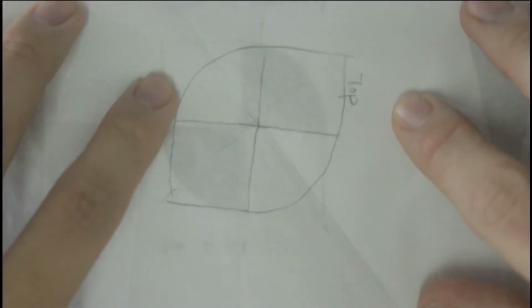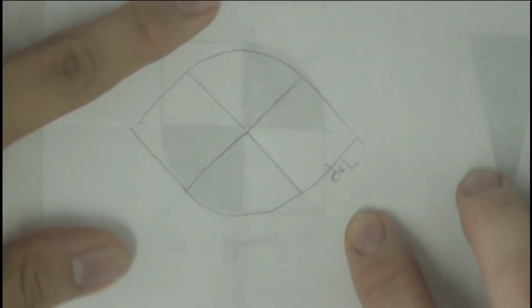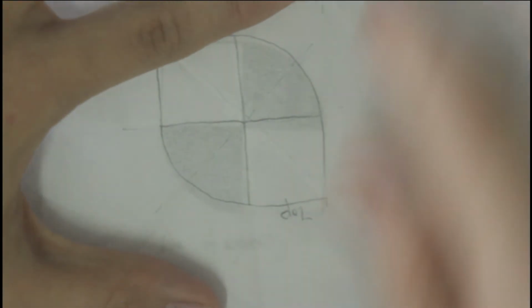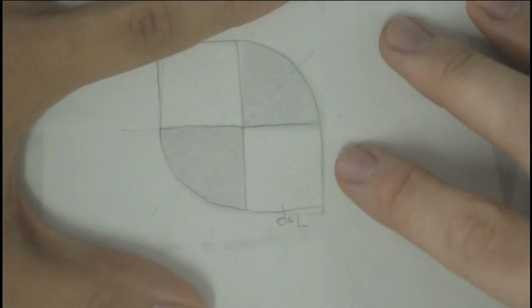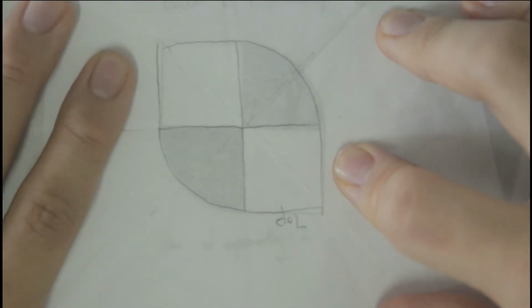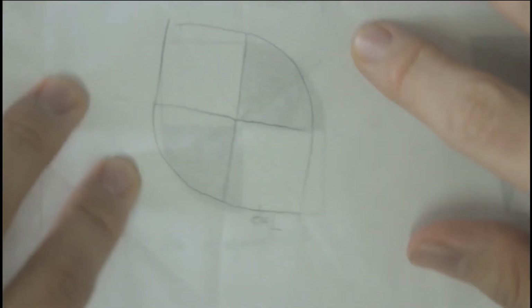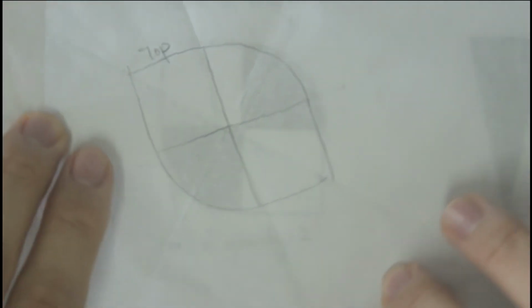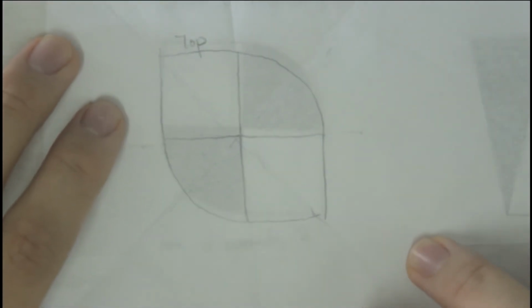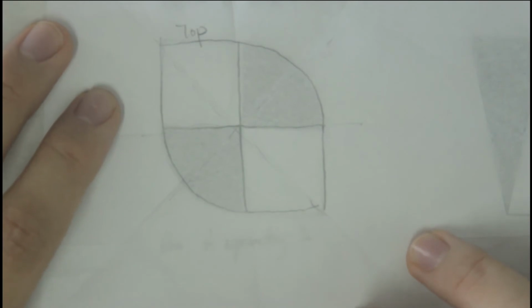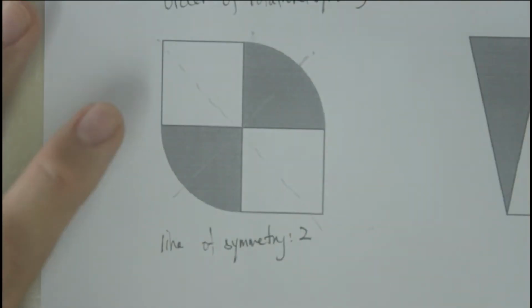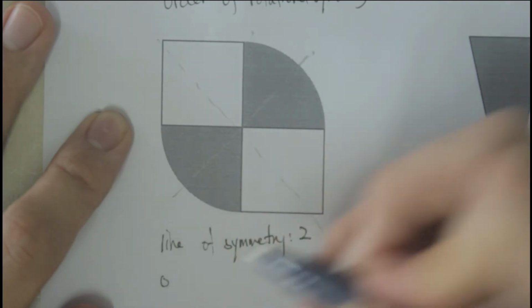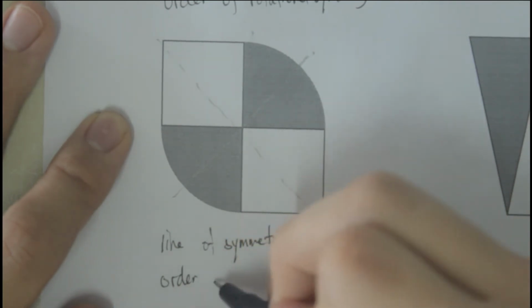It doesn't repeat yet. So here it repeats once. And let's go into full turn. And here it repeats twice. So here it has the order of rotational symmetry of 2.